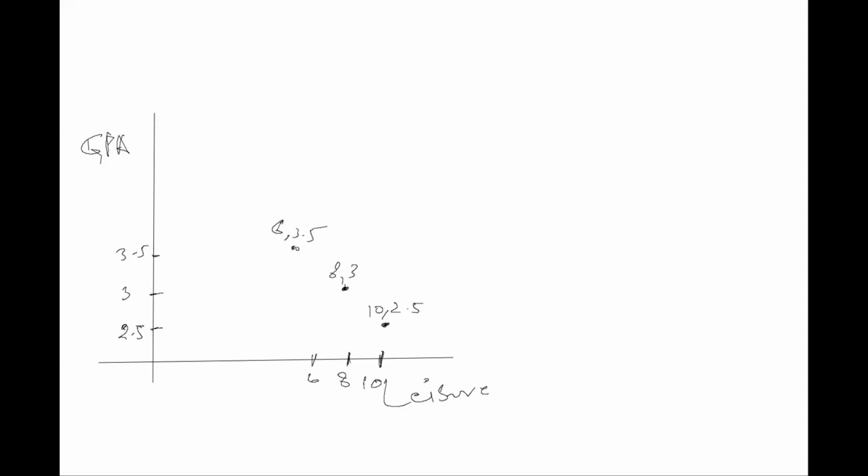Okay, so these 3 points are there. Let's label them with different colors so that you can see. So here it is A student, B student, C student. Let's describe them in writing.